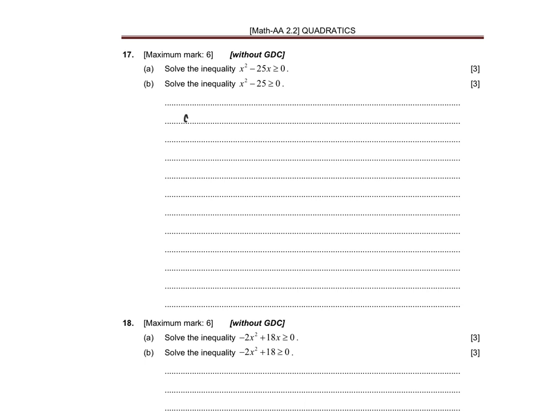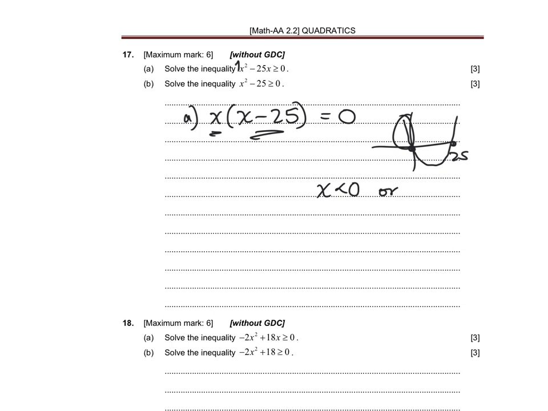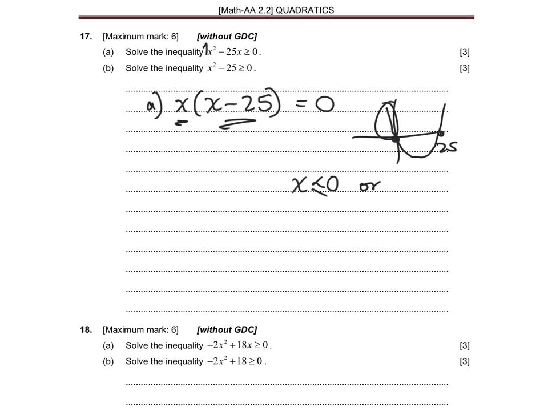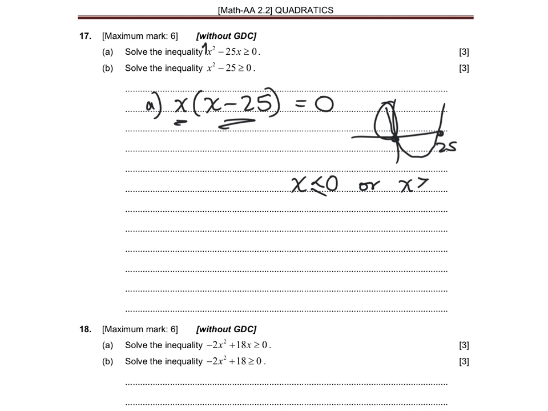All right, for 17a, if we want to factor that, it's going to be x times x minus 25. We'll deal with the greater than in a second. So that's going to be zeros at 0 and positive 25. And it opens up because it's a positive a. And if we want it greater than 0, that's before 0 or equal, or after greater than 25.